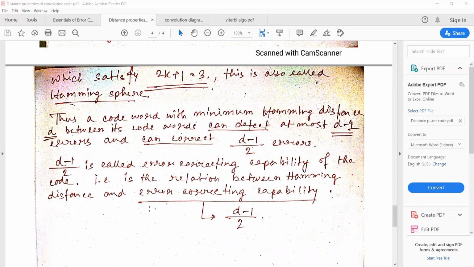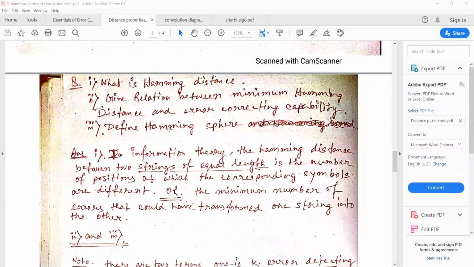That is the relation between the Hamming distance and the error correcting capability: (d minus 1) by 2, where d signifies the minimum Hamming distance. So that is the note, and that is the answer to this question.